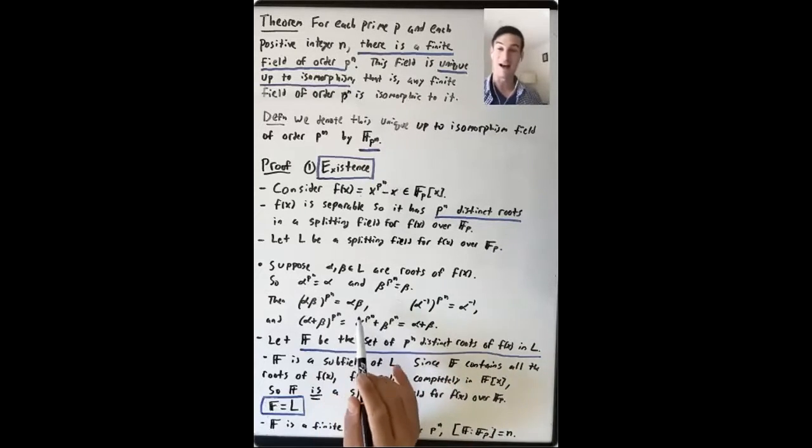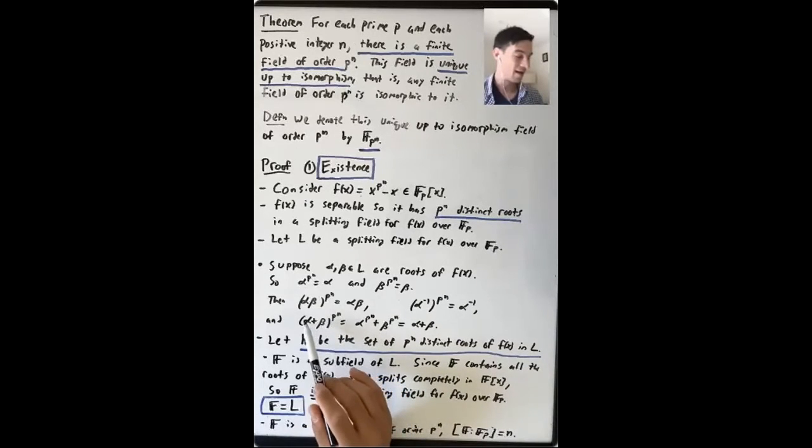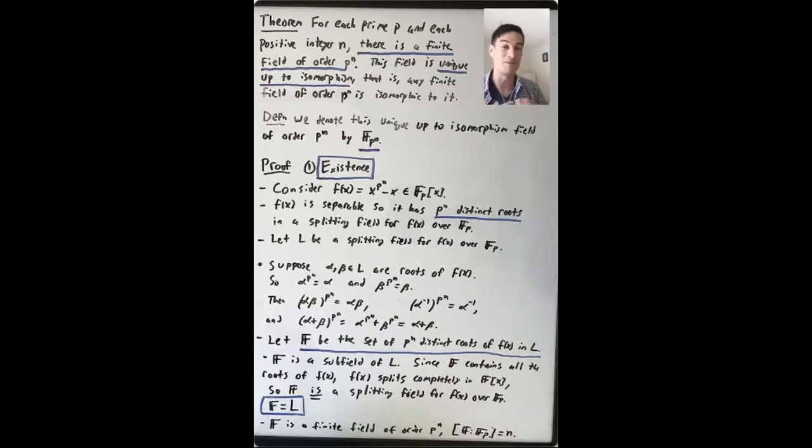So if this is not immediately clear, I encourage you to think about the case of n equals 2 and how to write (alpha plus beta) to the p squared in terms of (alpha plus beta) to the p. There are more things you can check. I mean, if you instead take (alpha minus beta) to the p to the n, you'll see that you still get something that satisfies x to the p to the n equals x.